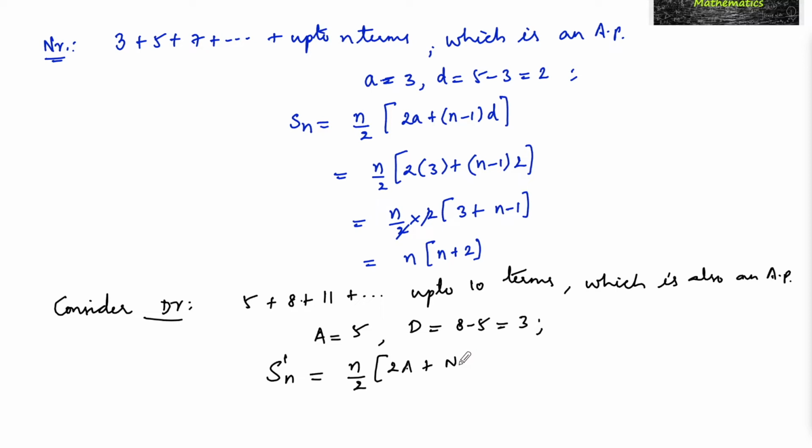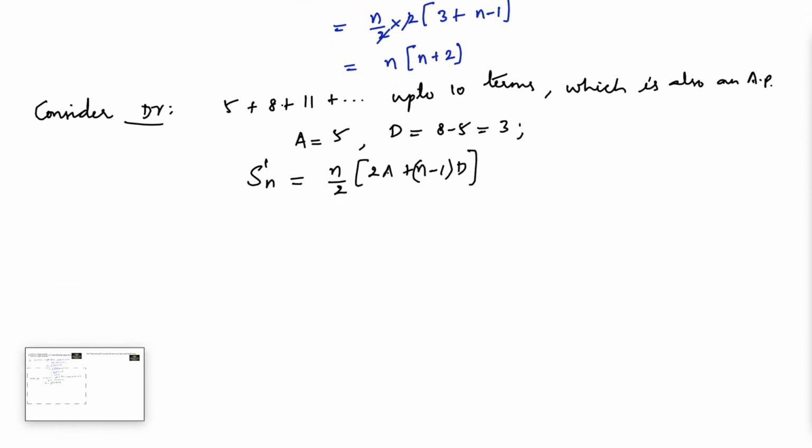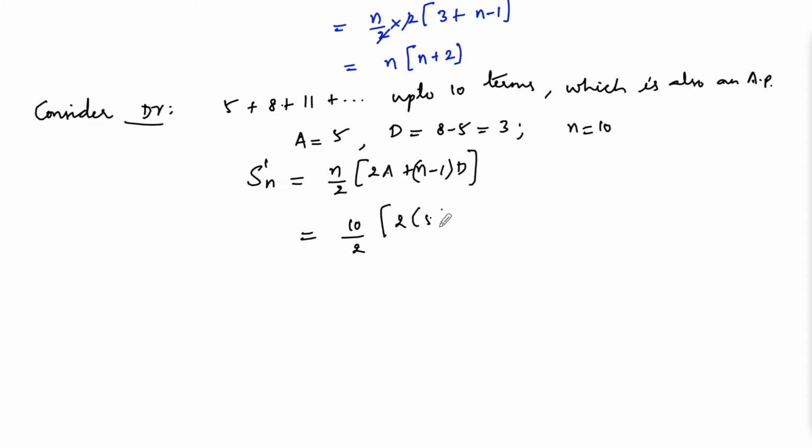2a plus n minus 1 into capital D. So we can write here n upon 2. Here 10 terms are there, so here n is equal to 10. So 10 upon 2 times 2 times 5 plus n minus 1, that is 10 minus 1, times d, which is 3.